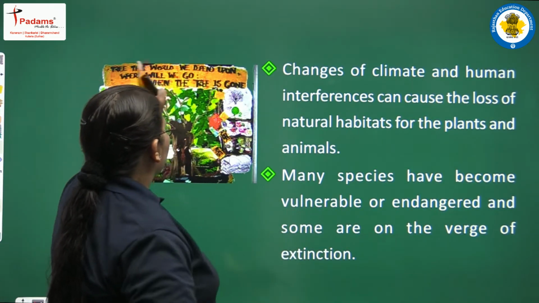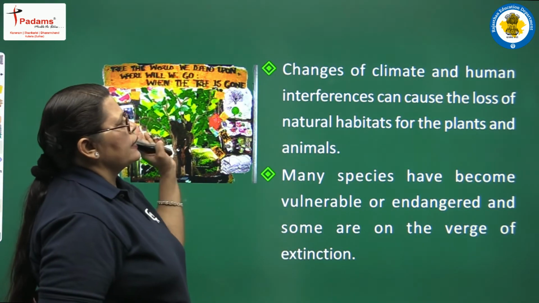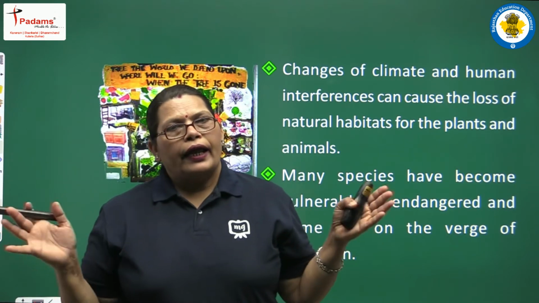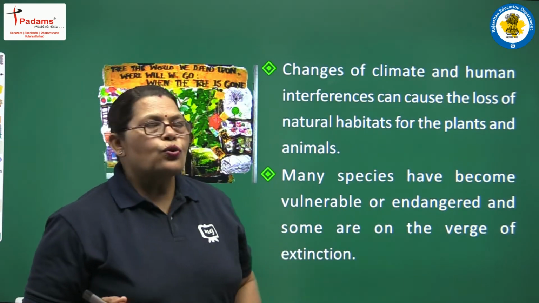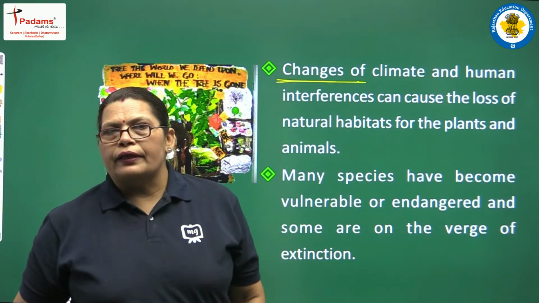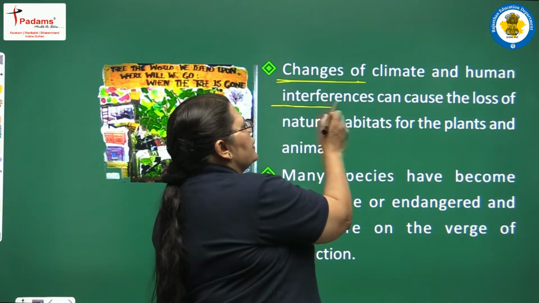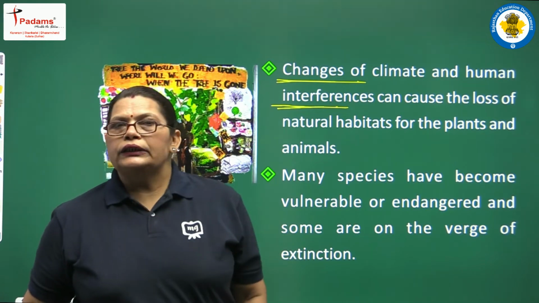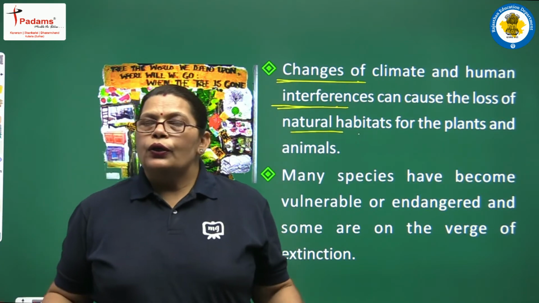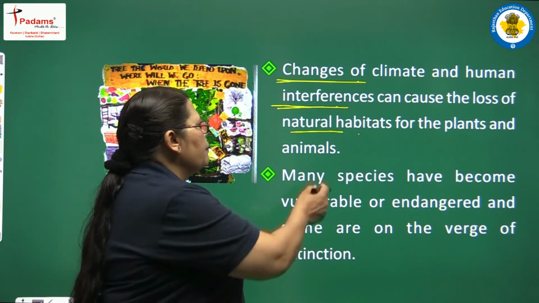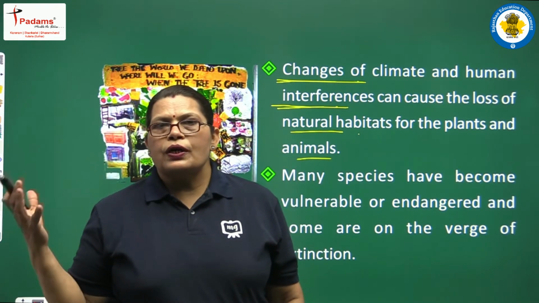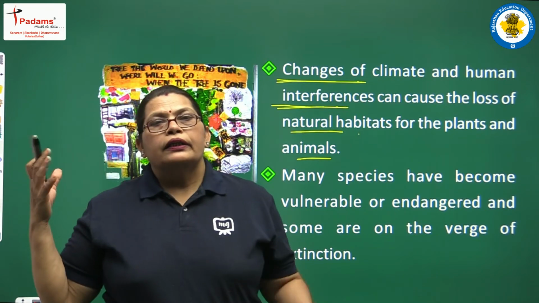See here, different types of things are there. So at present situation is what? At present situation is considered so furious because changes of climate and human interferences are there, and all these things cause the loss of natural habitats, not only for the plants and animals but for other insects and other system things also.